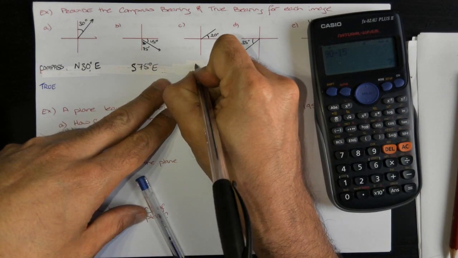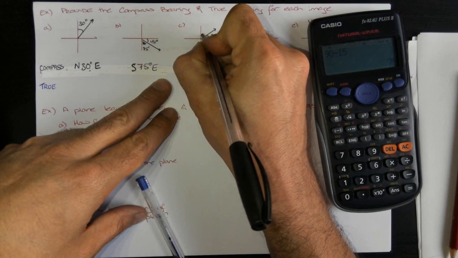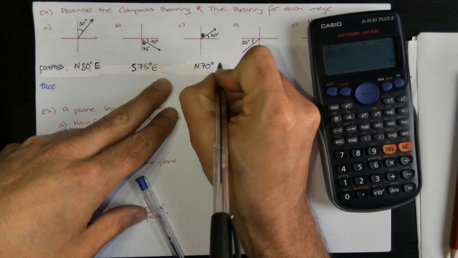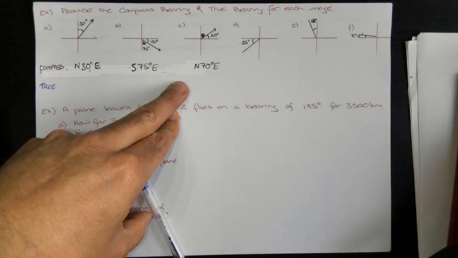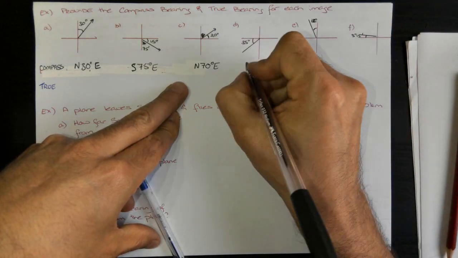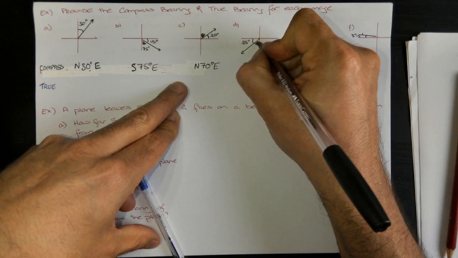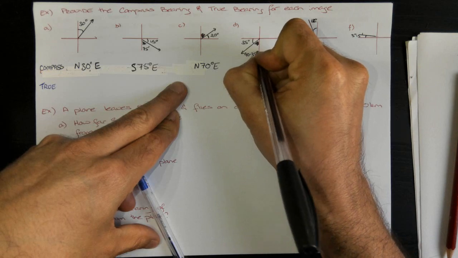Here I'm still facing north. I actually want to know what this part is. So 90 minus 20 is 70. That's 70 degrees, and I'm moving to the east. Here I'm facing south. I'm going south. I want to know what this part is here, so I do 90 minus 35.